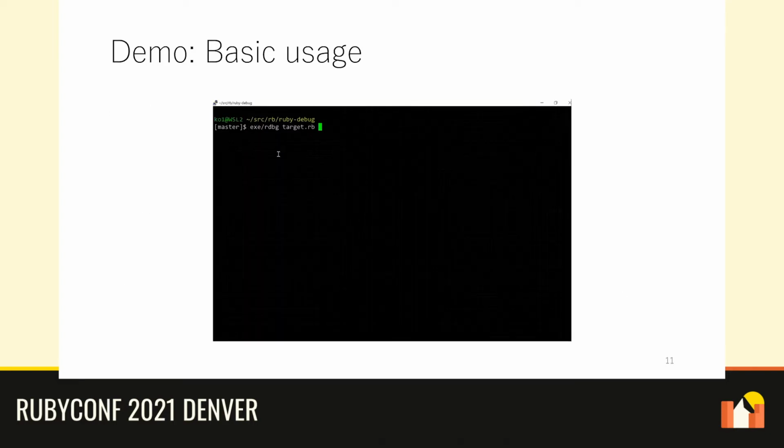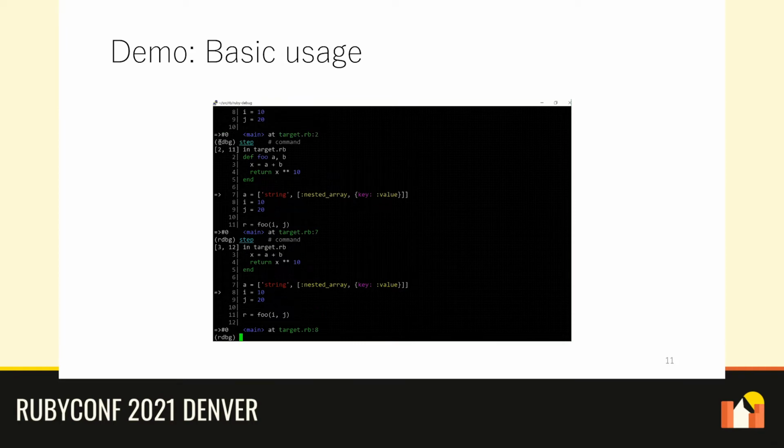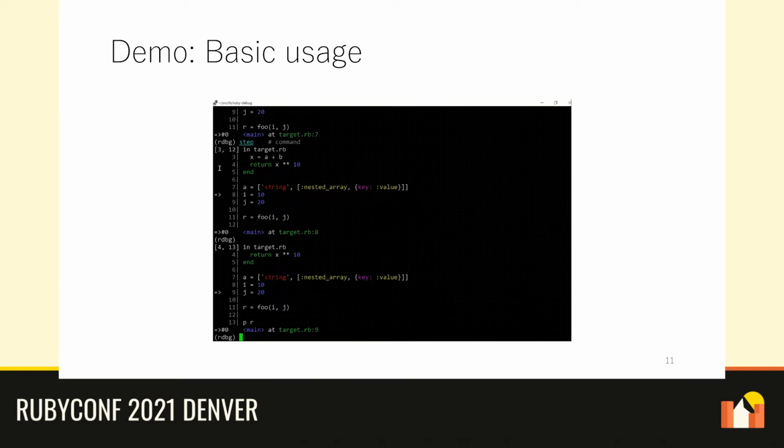Let's see the basic demonstration of the rdbg command. Invoke the rdbg command with the target script, then it invokes the Ruby interpreter with the debugger and stops at the beginning of the script. This arrow shows where the script is stopping. We can use the step command to move to the next line, and the next line, and the next line.